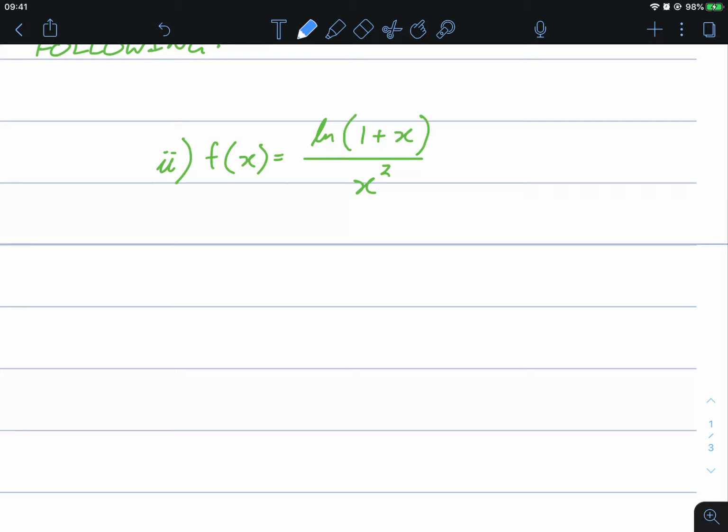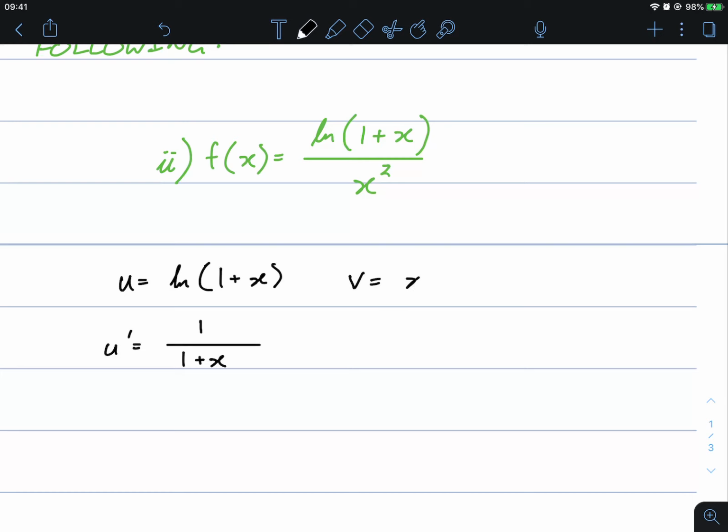It gets much more difficult when we have the quotient rule. So here we go. I'm going to let u equal ln of 1 plus x. The derivative of this, u prime, is 1 over 1 plus x, since I take the derivative of x here, so it's 1.